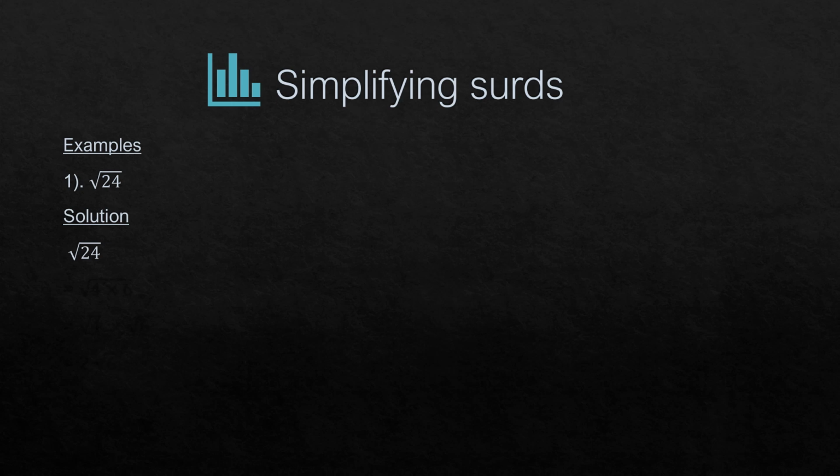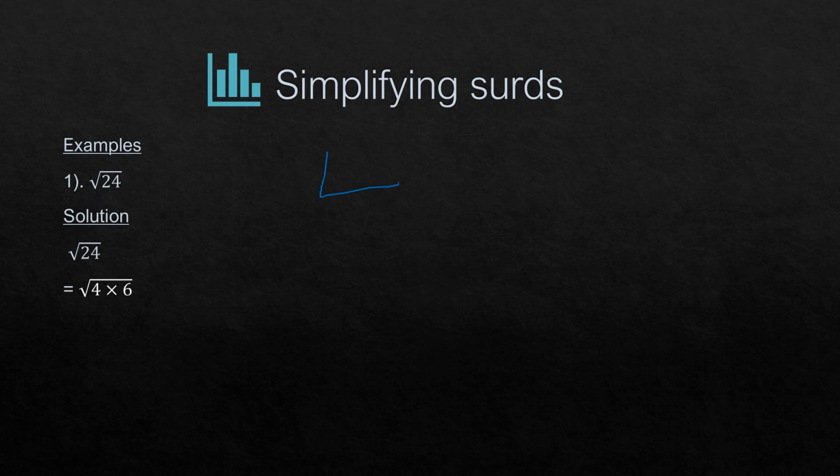The answer is no. The square root of 24 will not give you an exact value, but an irrational number. And when the question wants an exact answer, you have to leave it in set form. So what do we do? We look for two factors of 24, of which one is a perfect square.